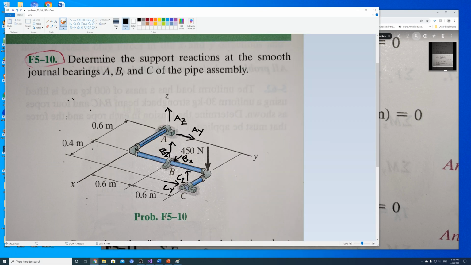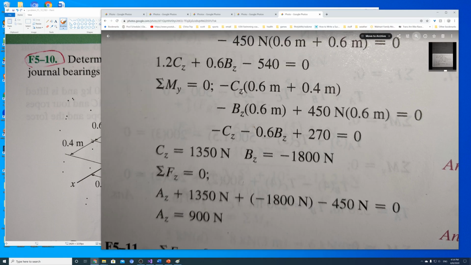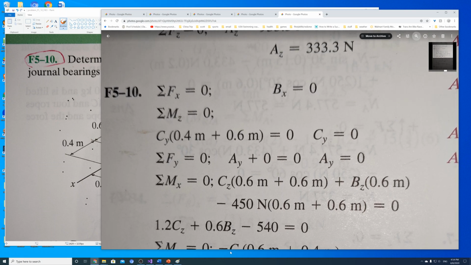Okay, so the way to think about this one is, even though first I said about a point, really you can think about it in terms of a plane, right? So when you're doing the moments about z, I did up here, set it equal to 0. You could think about it as a point.